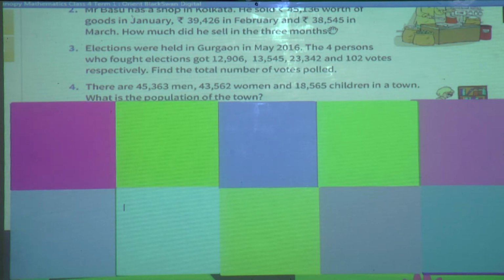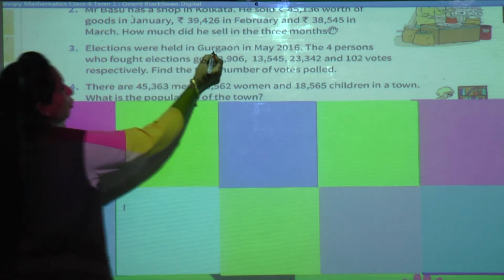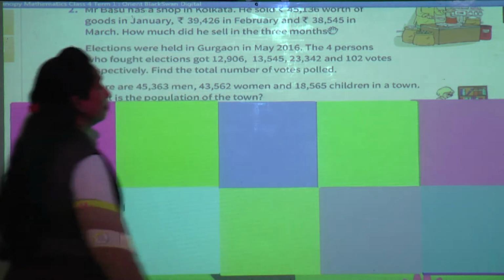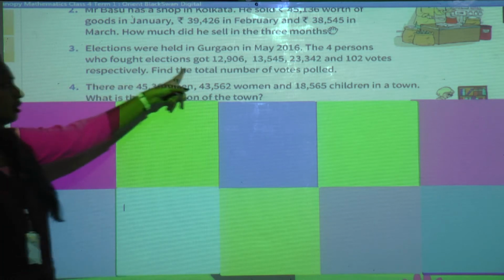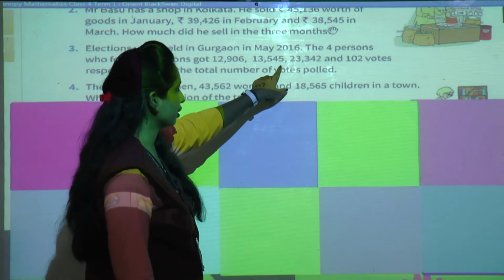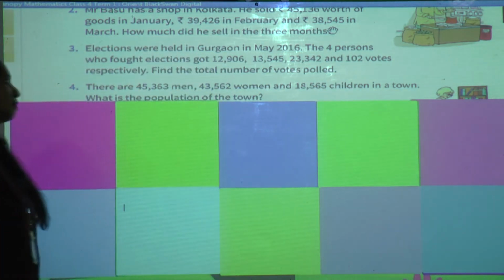See, what is the third question? Elections were held in Goregaon in May 2016. The persons who fought elections got 12,906, 13,545, 23,342 and 102 votes respectively.